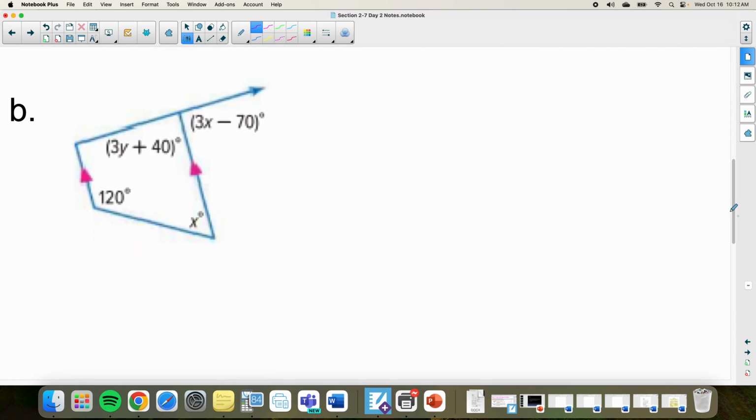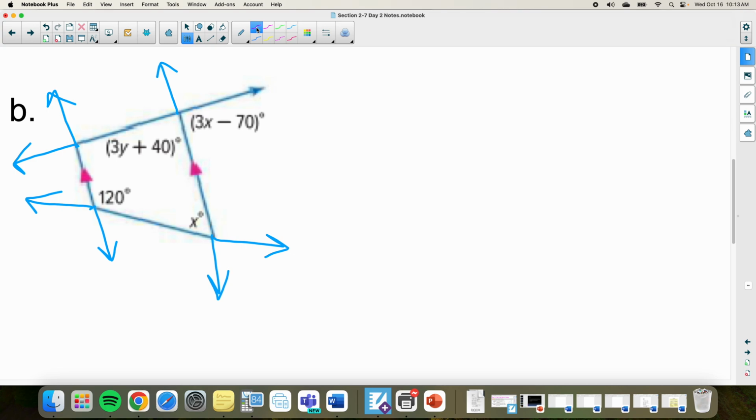Then, if I look at this one, again, if you struggle, feel free to extend lines, because that might help you see the difference. Now again, sometimes they're going to give you an angle, and you're going to be like, which angle is that for?